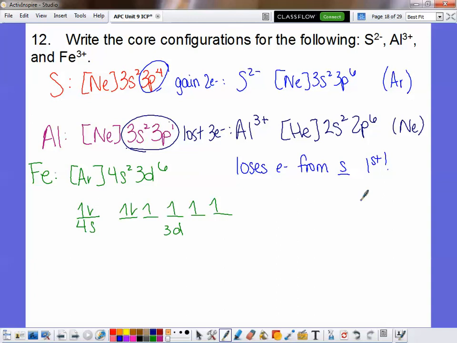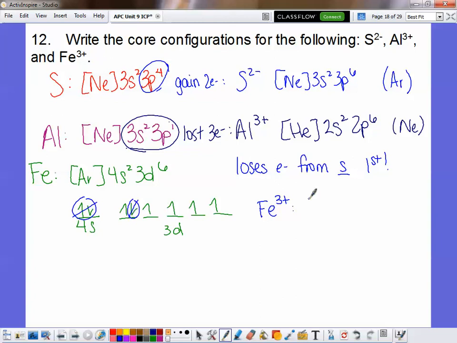So iron, to make it Fe3+, which 3 electrons is it going to lose? It's going to lose from the s, and which one from the d? The paired one, yeah, one of those paired ones. That's why it's +3.